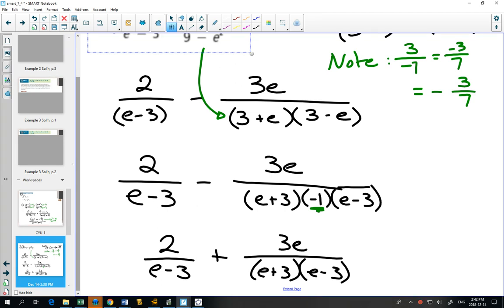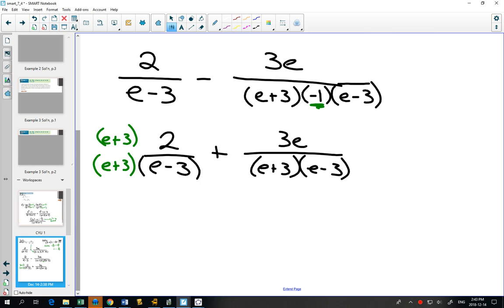Okay, but still when adding fractions, what do we need? Common denominator. This one is missing an e plus 3. Yep.